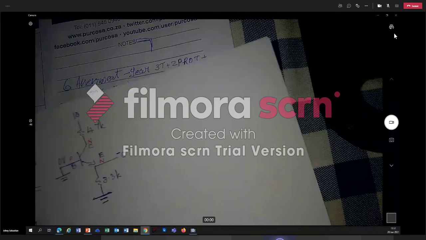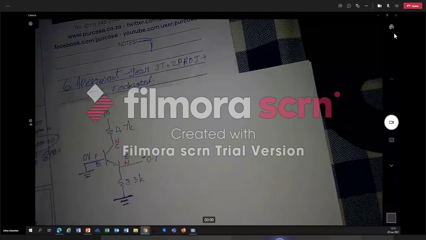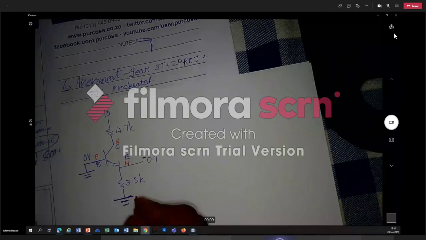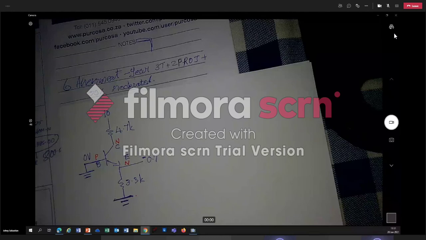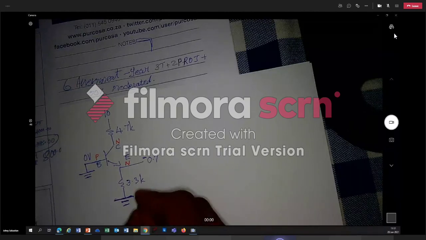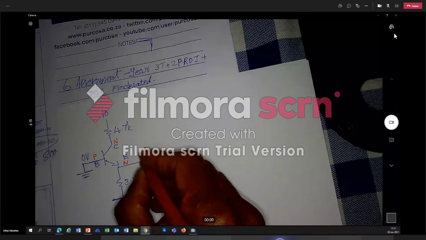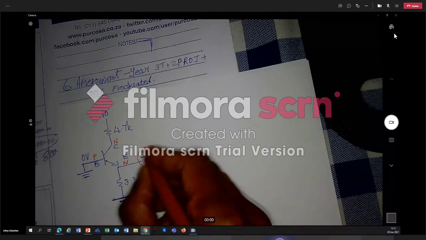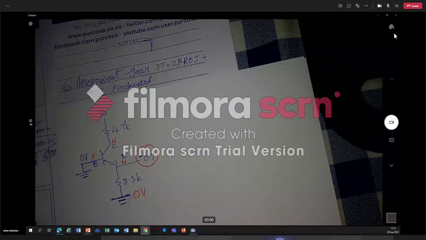Now tell me, what is the voltage at this point? It's 0 volts. If it is 0 volt, what could be the voltage there? What is the voltage at this point?